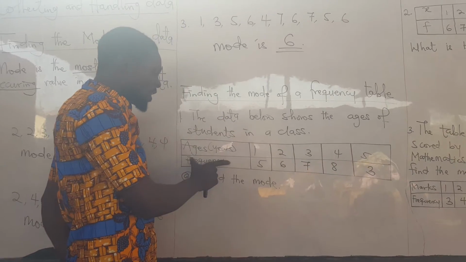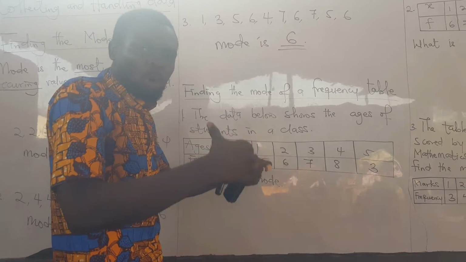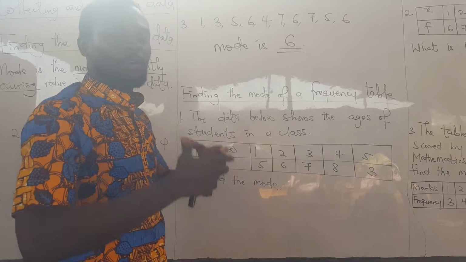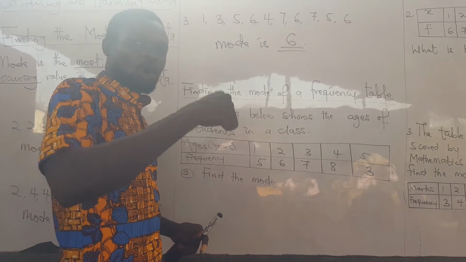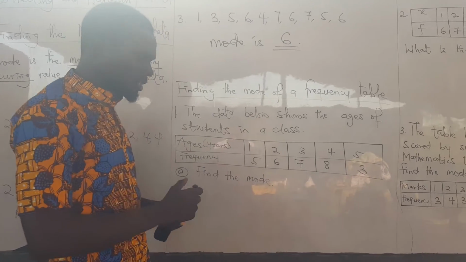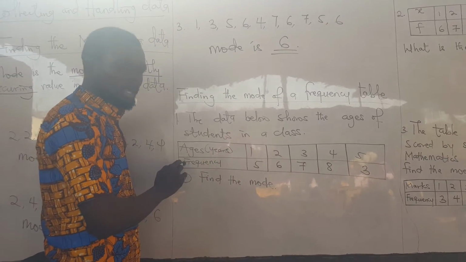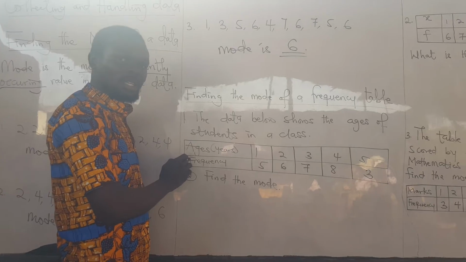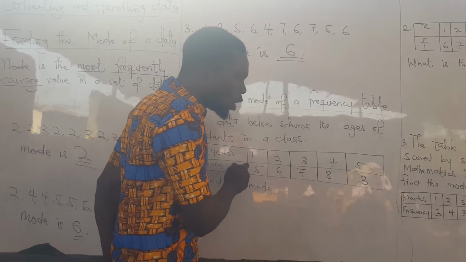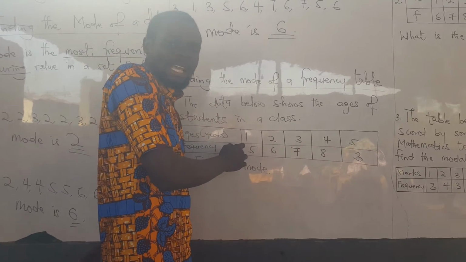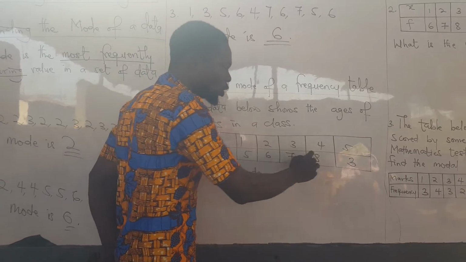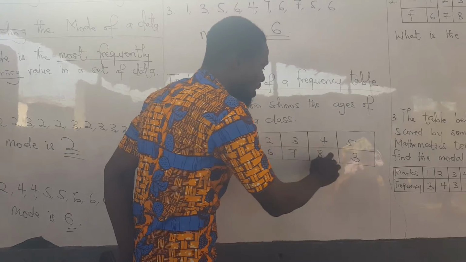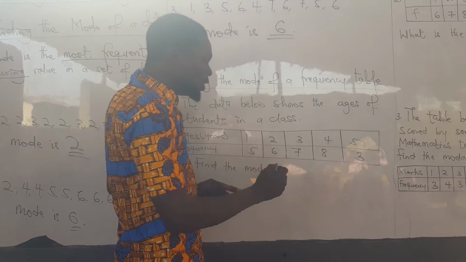So the frequency shows the number of students. When finding the mode, locate the frequency column and fetch the highest value in it. When you look at the frequency column, the highest value is 8.